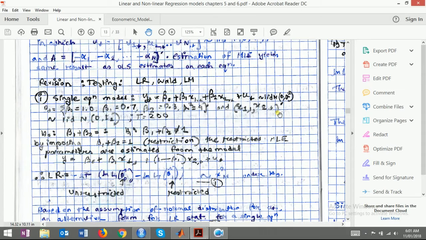T equals 200. The null is that beta 1 and beta 2 are jointly 1, basically meaning whether they are jointly a uniform distribution or not.